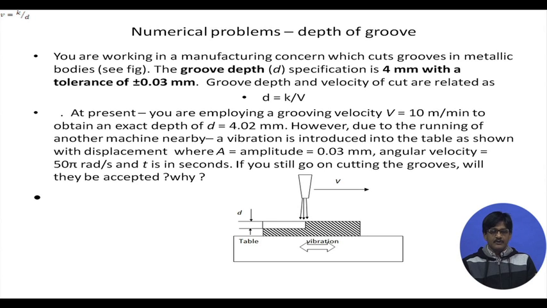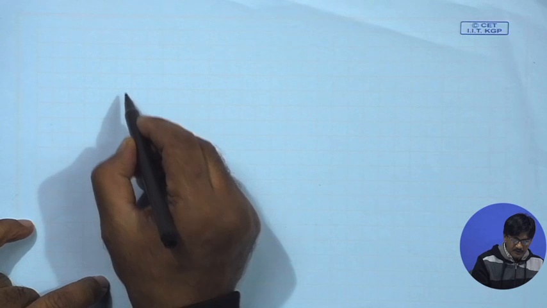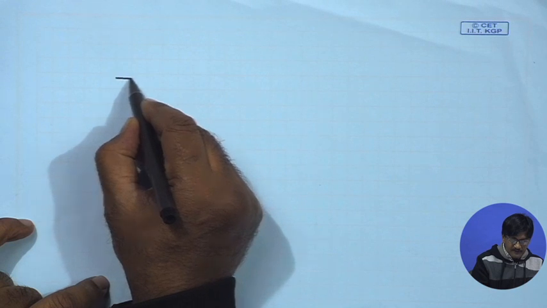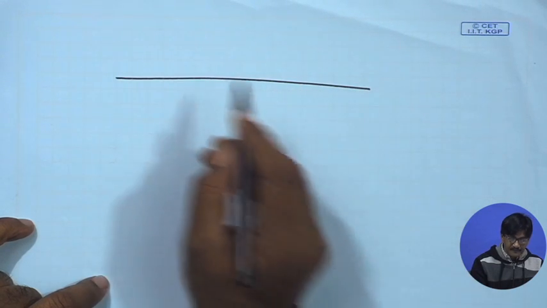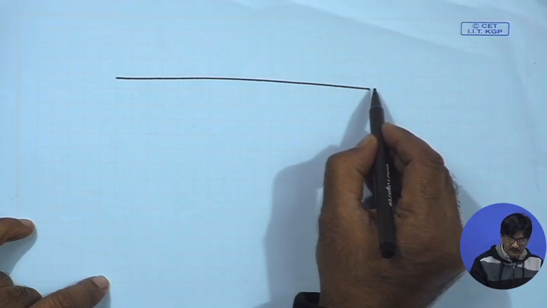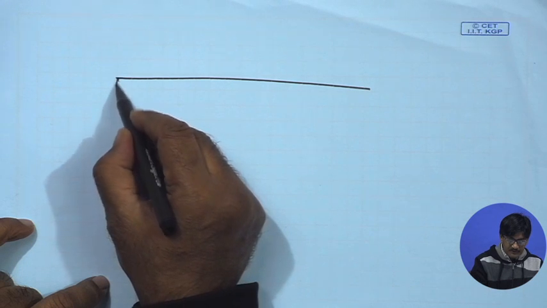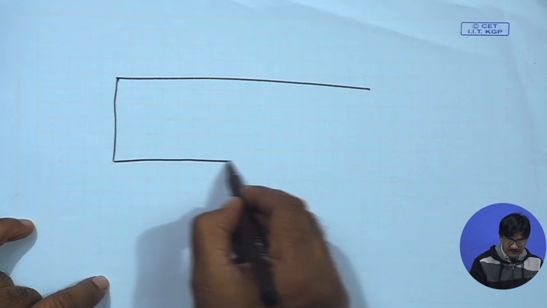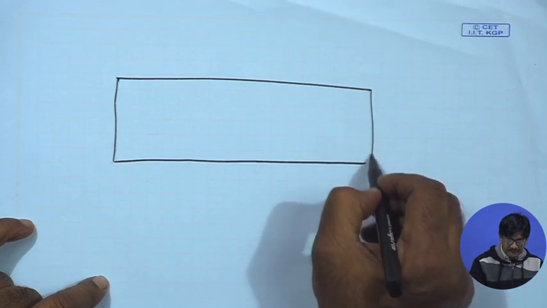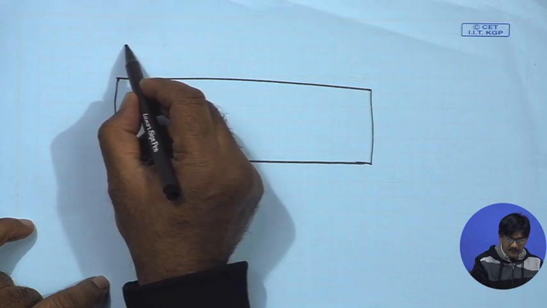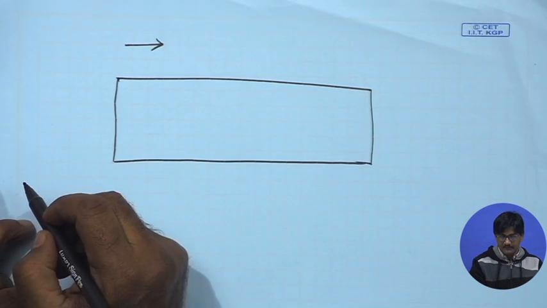Now, what is going to happen here is this: if you look at this particular piece of paper, this is the top surface of the metal piece, and I am having a grooving velocity of this type.